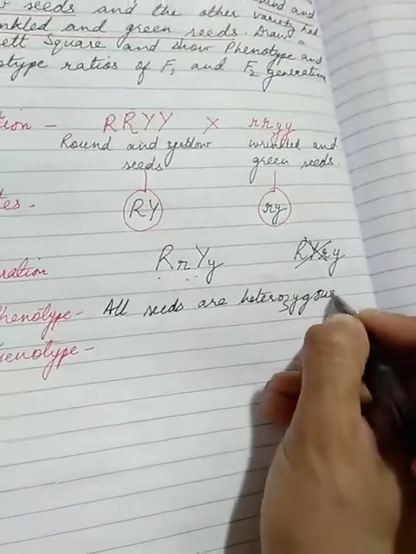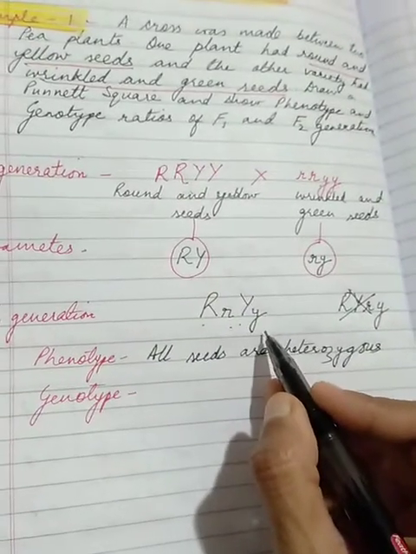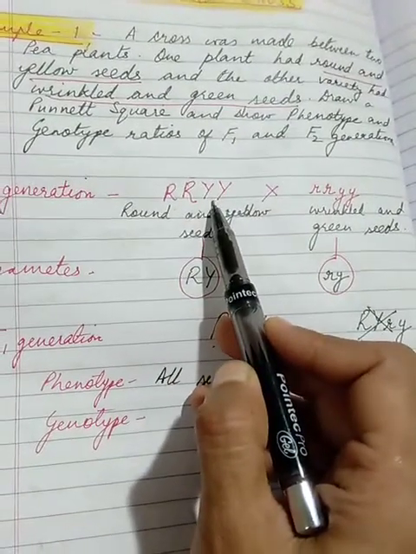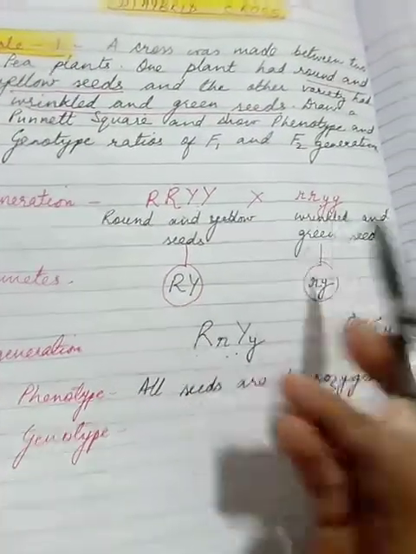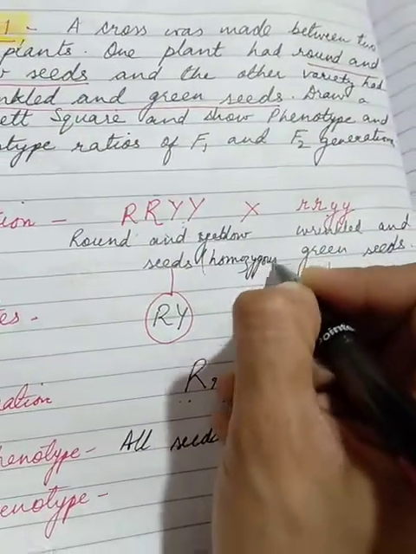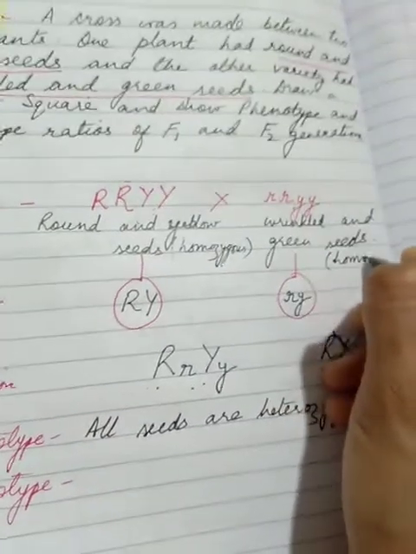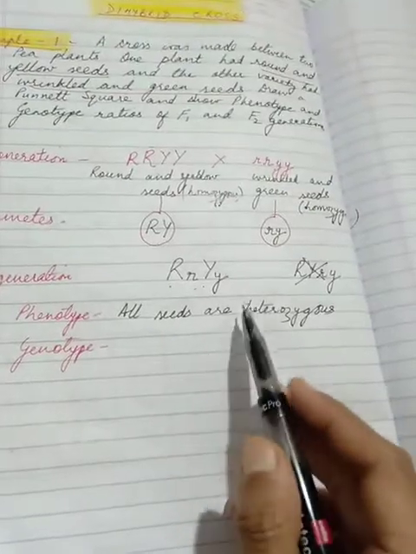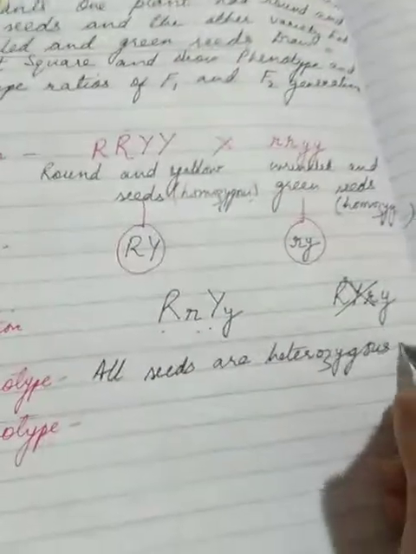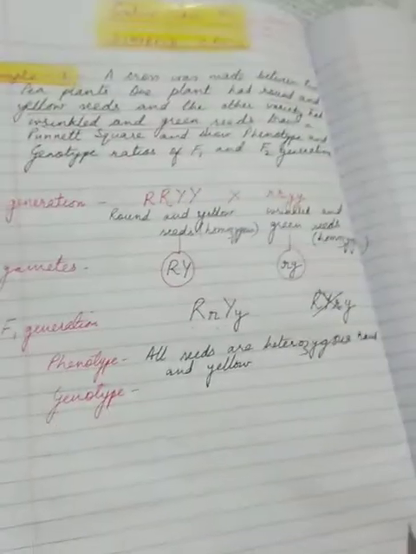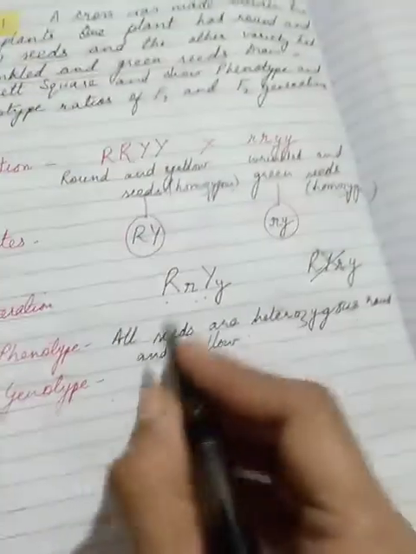Remember heterozygous when capital and small alphabets are together, right? Unlike homozygous, where both of them are same. Like this is homozygous, round and yellow, and this is also homozygous. You may write down homozygous condition. This was also homozygous, but this is yes heterozygous. So all seeds are heterozygous, round and yellow.